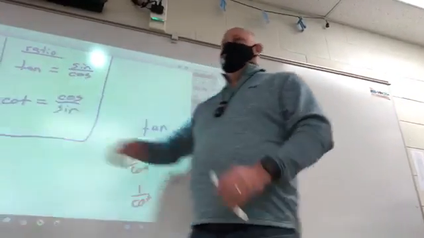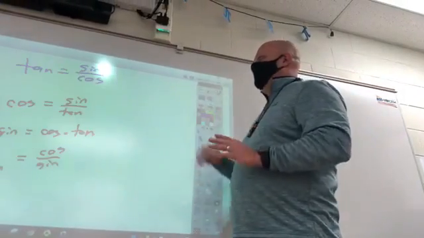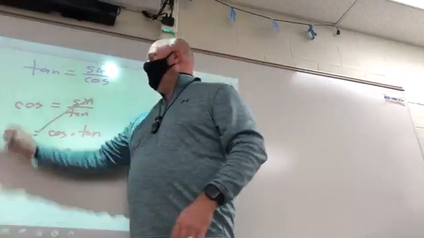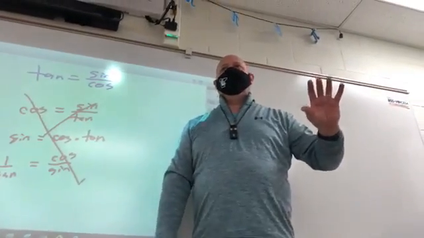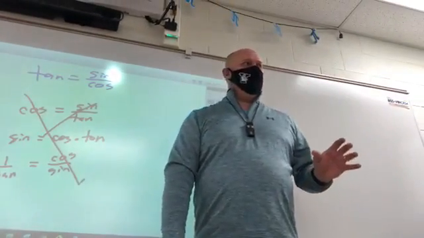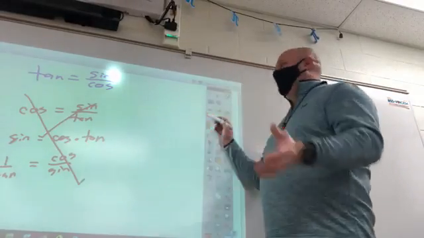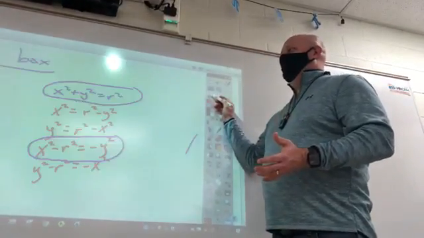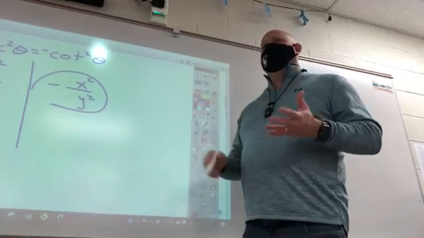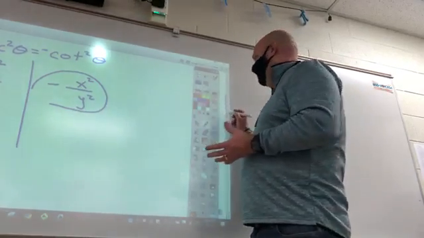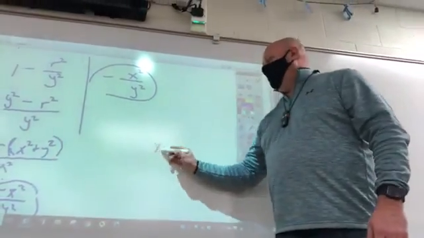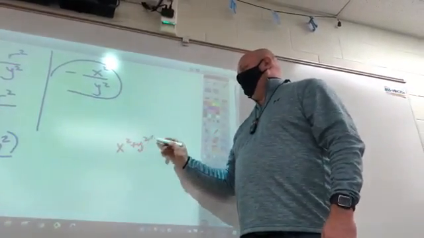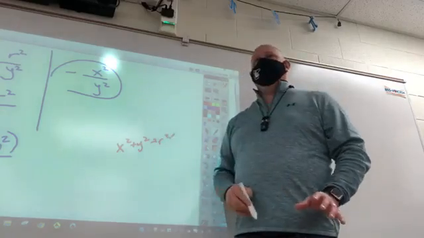Can I survive this chapter without knowing these? Yes, you can. Basically, what I'm saying is like the proof that we did to start today. I used x squared plus y squared equals r squared, didn't I?